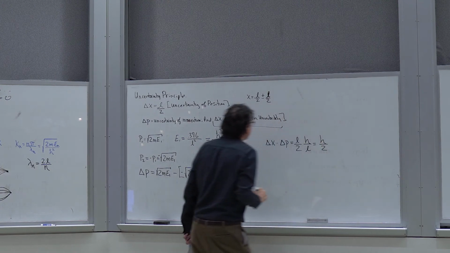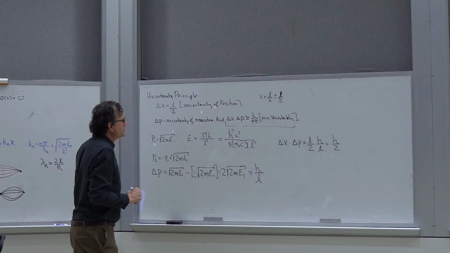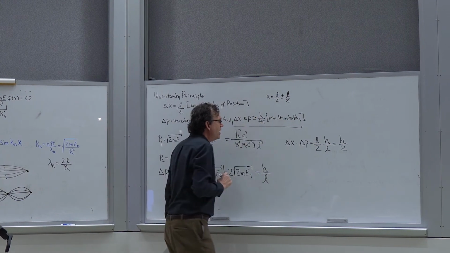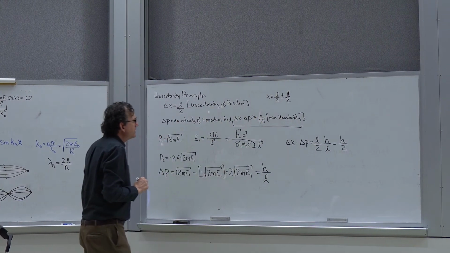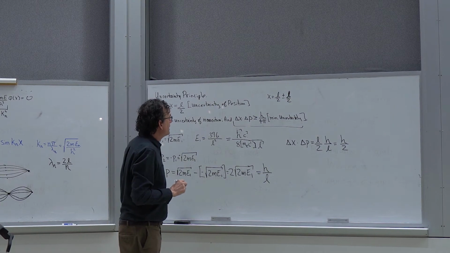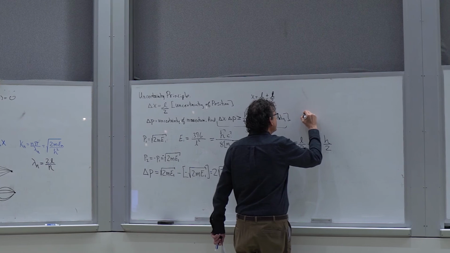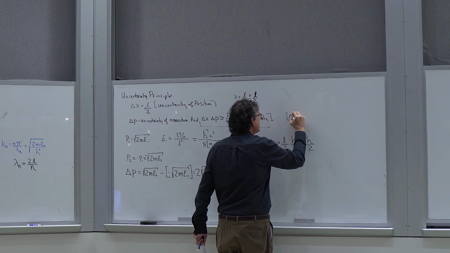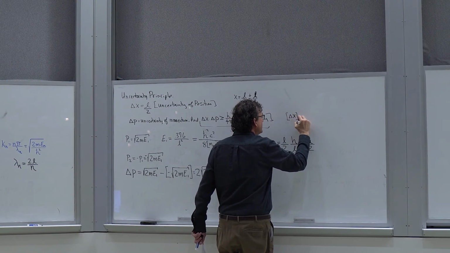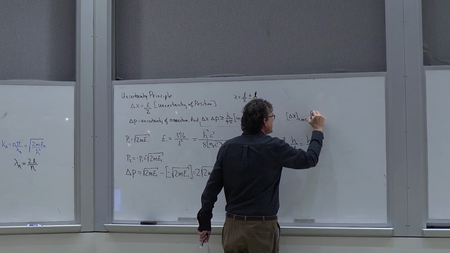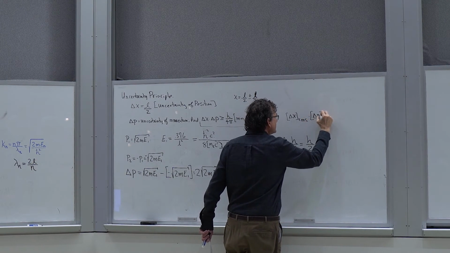Okay. Now, that's not quite the same as this quantity, which is H over 4 pi, but I'm going to make another qualifier, and that is that when we define these quantities, we actually talk about the RMS error. So delta X RMS times the uncertainty in the momentum in its RMS.